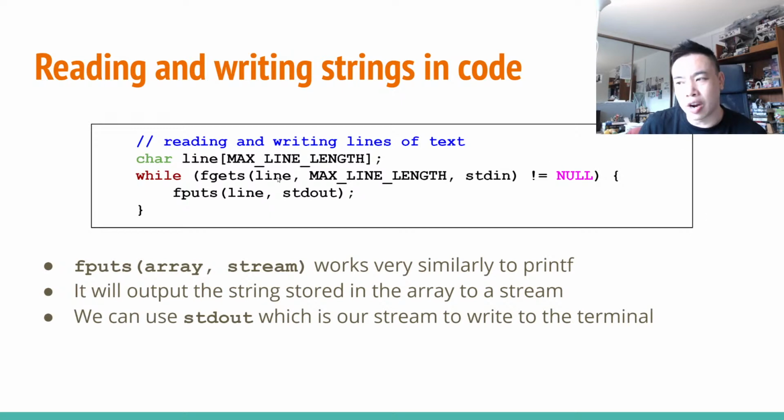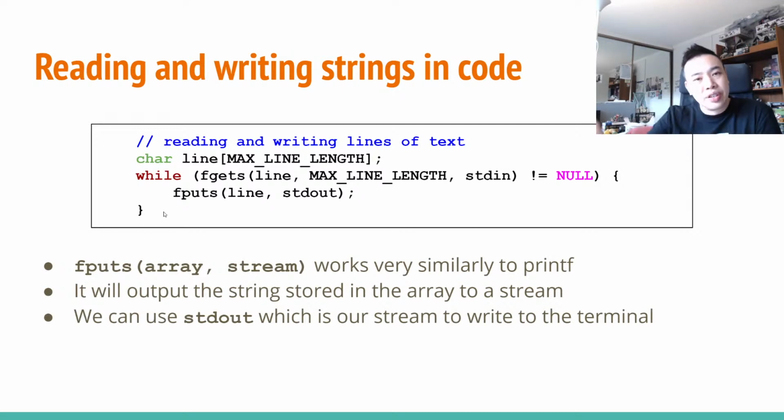I can't remember where the pointer aims, but I think that if it gives us a null pointer as output, it's telling us that it did not receive any input. So this is if we do Control D, or we reach the end of file, if we're coming from a file stream or something like that. So this thing would just keep printing out lines until at some point it doesn't read input, and at that point fgets's output will be null, and so this while loop will stop.